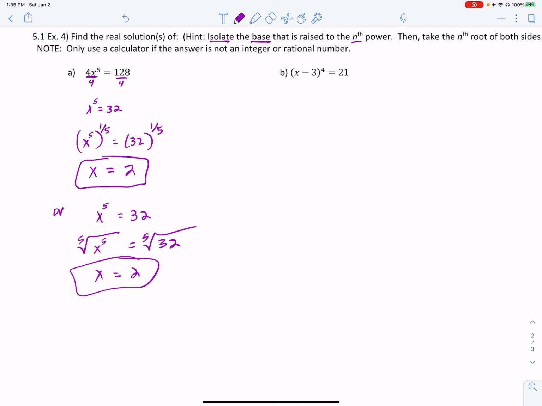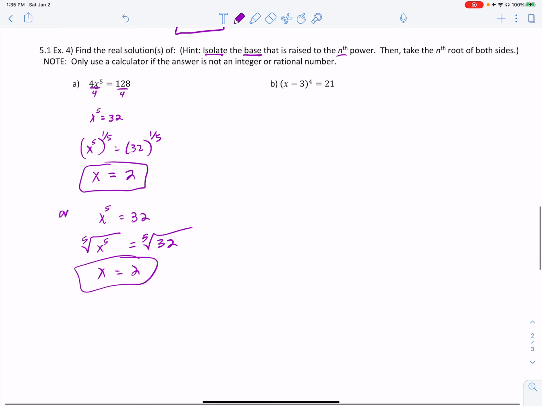All right, on this next one, you have x minus 3 to the 4th equals 21. And so in this case, the x minus 3 is the base. And so it's already isolated.